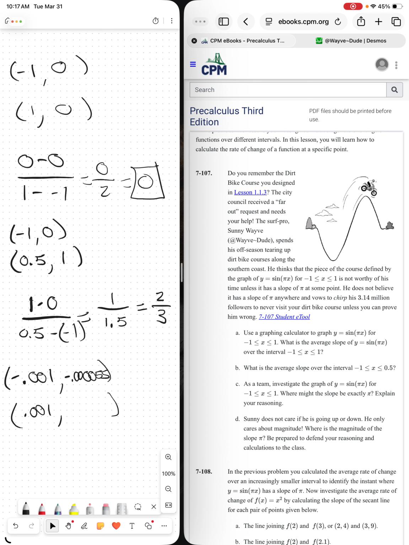Then if we do this again, but this time we don't make it negative, we get 0.000055. So we'll do 0.000055 minus a negative 0.000055 over 0.001 minus a negative 0.001.